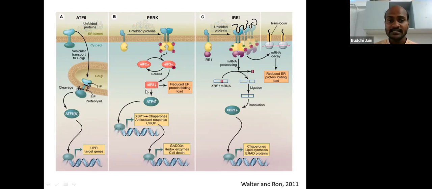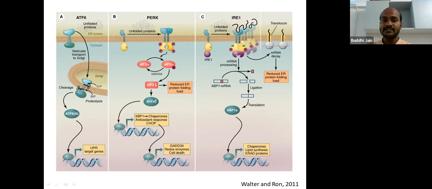But this phosphorylated EIF2 alpha selectively increases the translation of ATF4. Although this EIF2 alpha is reducing overall protein synthesis, it selectively increases the expression of ATF4.